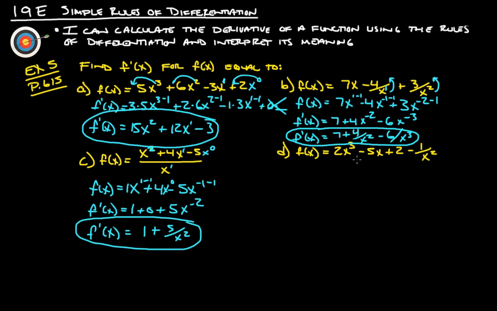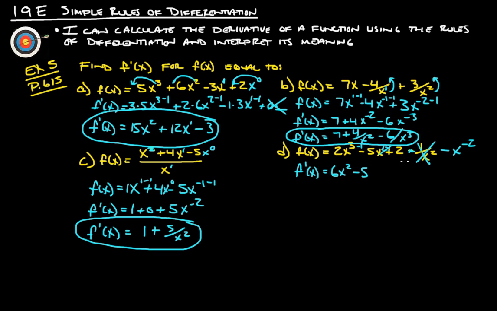Okay. All right, let's do this one here. That's a 3. Again, sorry, kind of hard to see. Let's just change this into minus, and then we move that x squared to the top, and we get x to the negative second. Taking the derivative, we can go straight to it on this one. 3 times 2 is 6. We subtract 1 from that, and we get x to the first. 1 times negative 5 is negative 5.